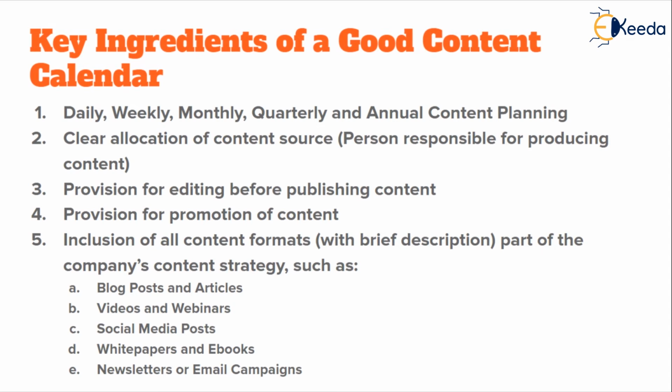Then clear allocation of content source must be captured in the content calendar. A lot of templates you will find online do not really give much weightage to this. But I believe that by identifying the person or the source responsible for producing or publishing content, you can create a lot of accountability in the document itself.